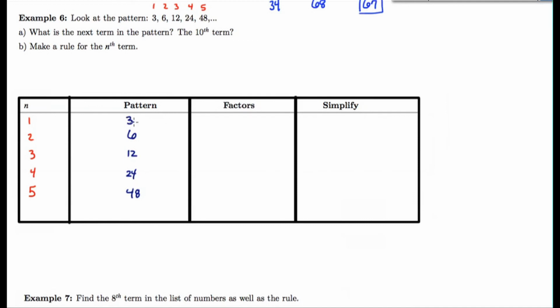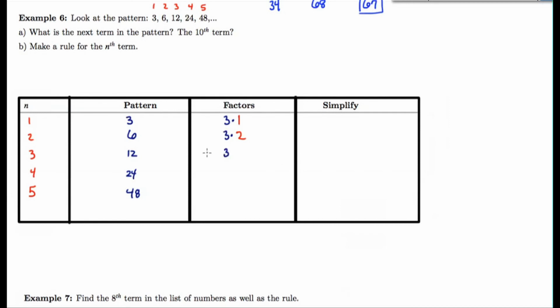So let's think about what the factors are in this pattern. So the factors of 3, so that's 3 times 1. So what are the factors of 6? Well, 6 and 1, or 3 and 2. And the factors of 12. Well, let's continue with this 3 idea here.